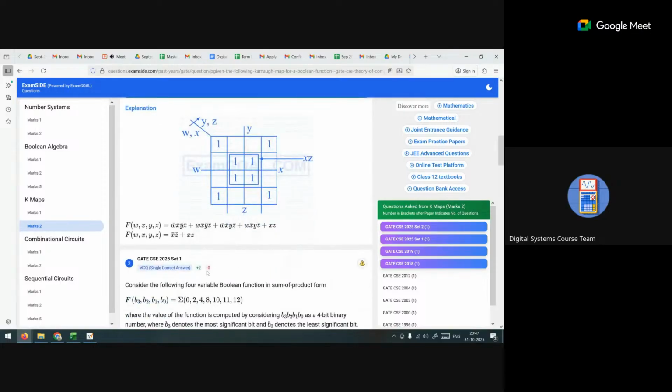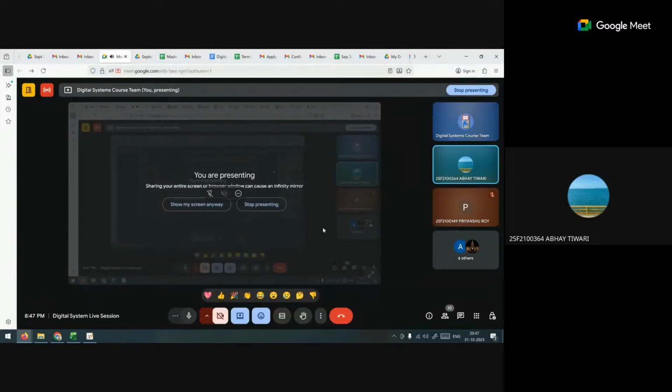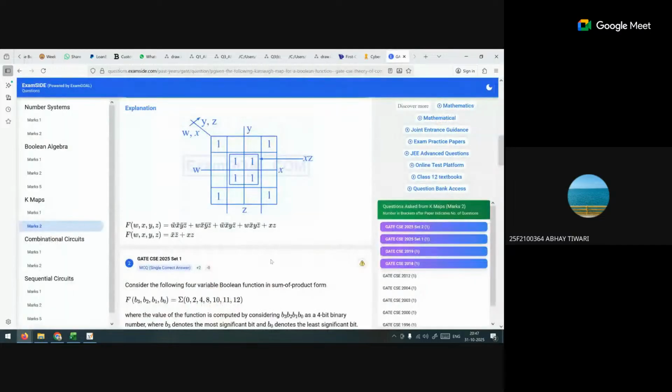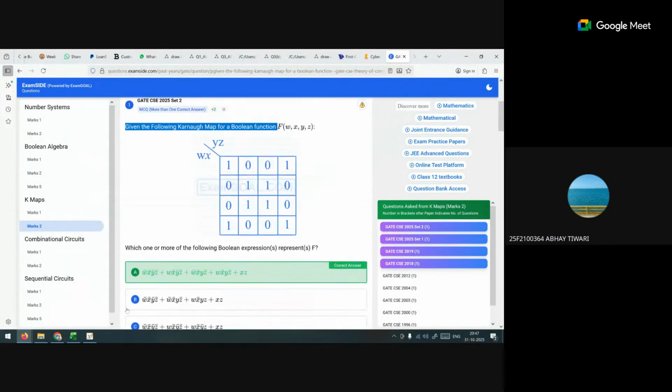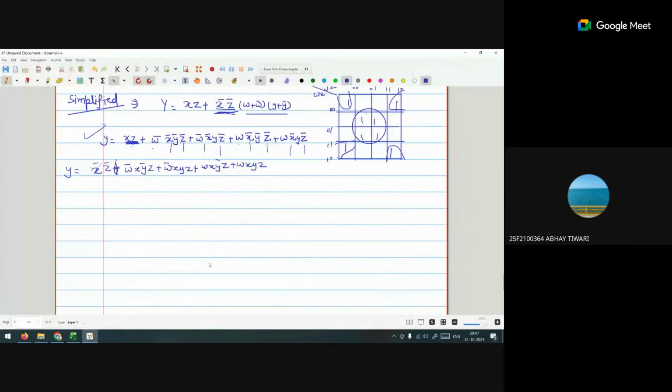Understood? Someone asked a question at the start. Yes, sir. So this is the question based on this. Sir, I have a doubt. If there are terms like A bar B plus B bar A plus D, whole bar, then how to simplify? Wait a minute.